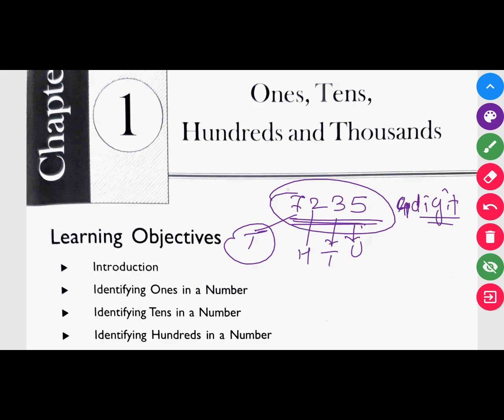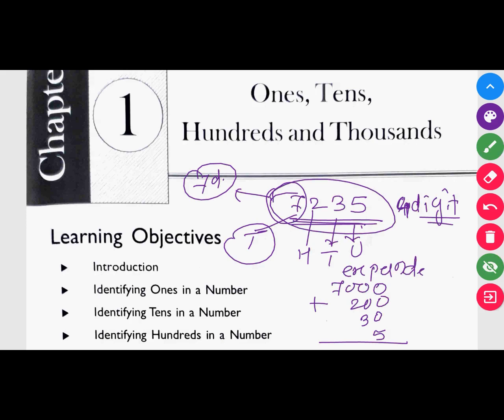You can say there are 7,000 in this number, or we can write this number in expanded form as 7,000 plus 200 plus 30 plus 5, and this expanded form clearly gives us the idea of how many thousands, hundreds, tens and ones there are.